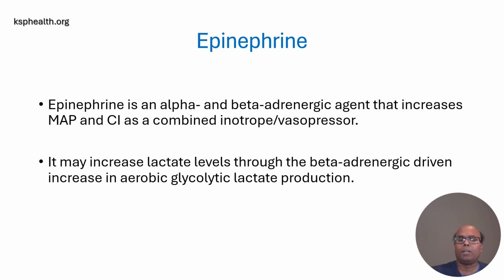Epinephrine is an alpha and beta adrenergic agent that increases MAP, mean arterial pressure, and cardiac index. It may increase lactate levels through the beta adrenergic driven increase in aerobic glycolytic lactate production.